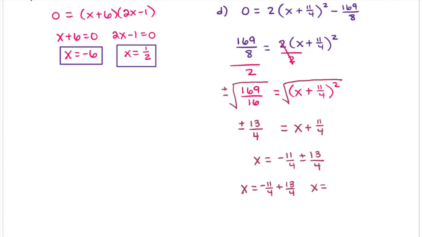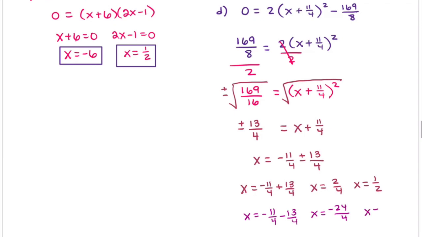We would get a 2 over 4, which can be simplified to x equals 1/2. My other possible solution would be x is equal to negative 11 over 4 minus 13 over 4, which would give us negative 24 over 4, which is equal to negative 6. Your answers should be identical to the factored form because it is the same exact function.